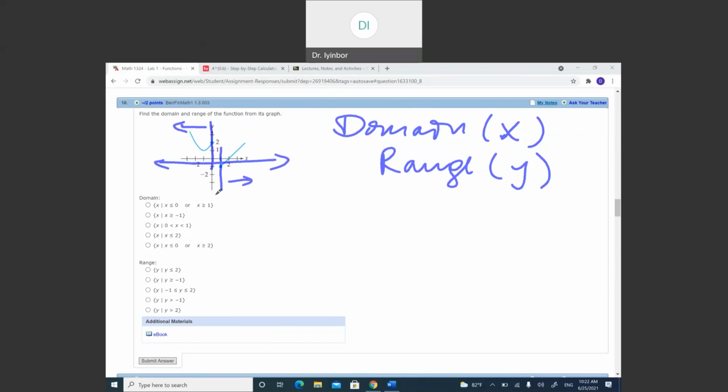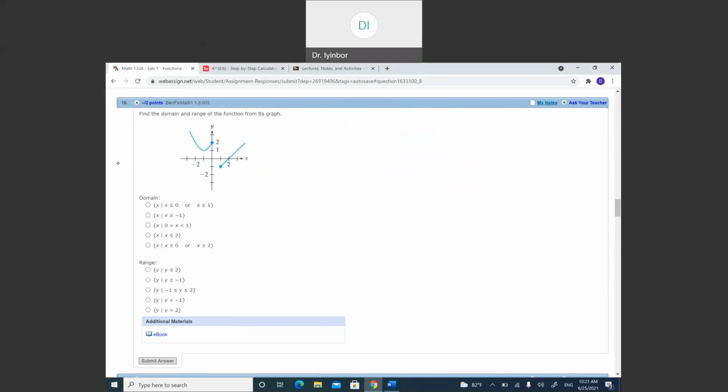That means x is going this way from the y-axis, x is less than or equal to 0, and going that way, x is greater than 1. Okay? I'm going to delete this so you can see. So you have x less than or equal to 0, because this is the 0 and you have a point there, and greater than 1. So it's going to be the first one, less than or equal to 0 and greater than 1.